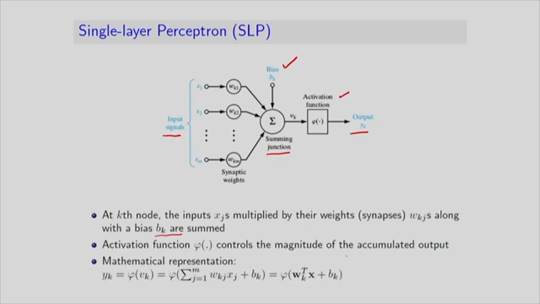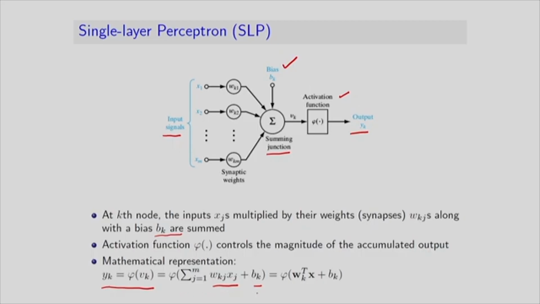So mathematically how to determine yk? The output yk is nothing but phi of vk, where vk is the accumulated output. First the inputs are multiplied with the corresponding weights, plus the bias bk, and summed up, with j equal to 1 to m because we are considering m input signals x1, x2 up to xm.